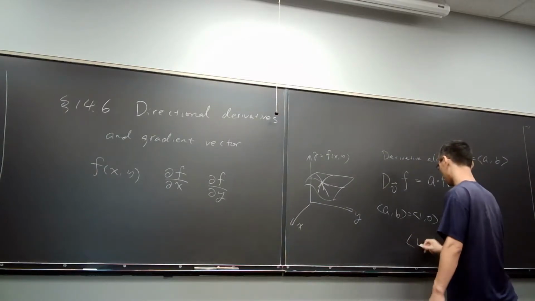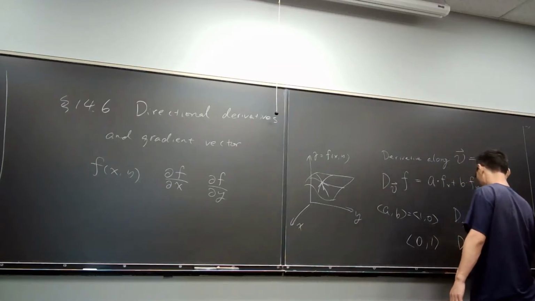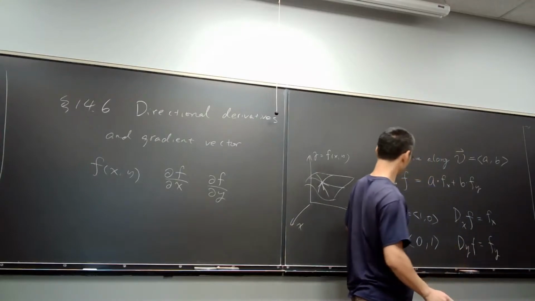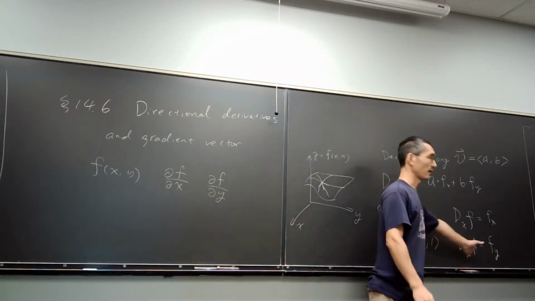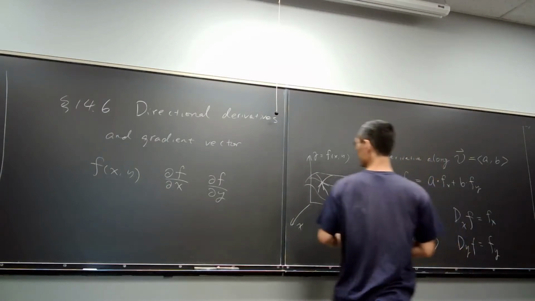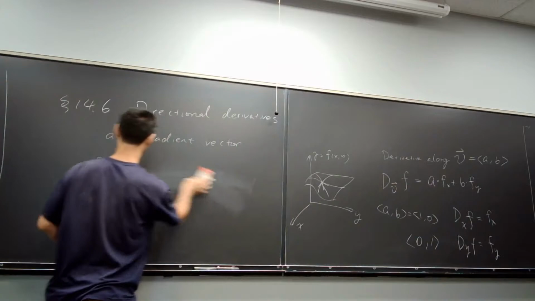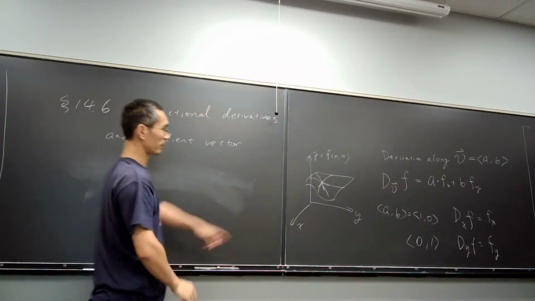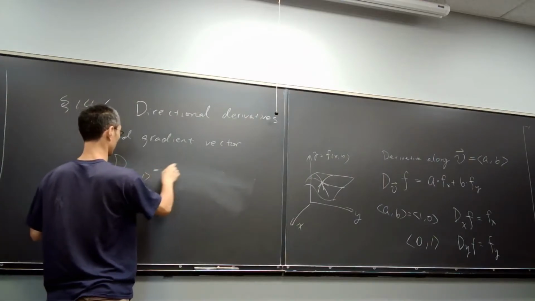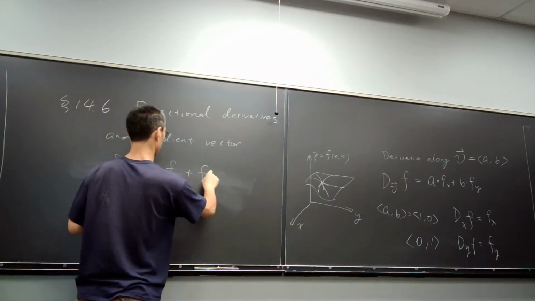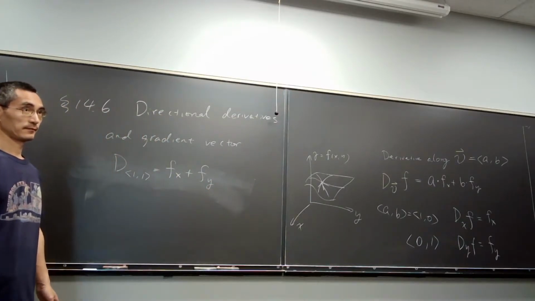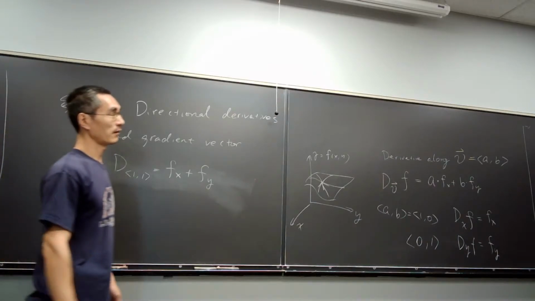And the other way around, if it's (0, 1), then v is along the y direction, so it's the same as fy. But it could be something not along x or y, for example along this 45-degree angle. There you have that.